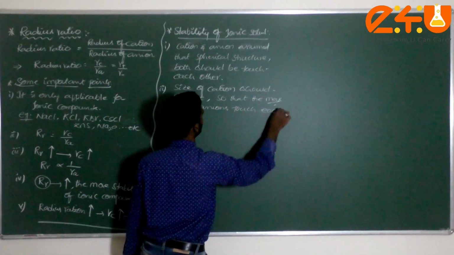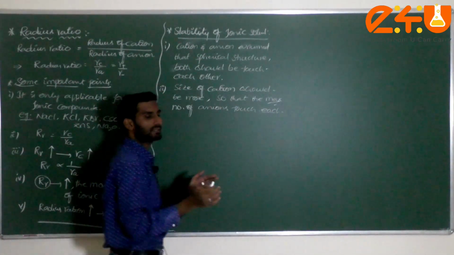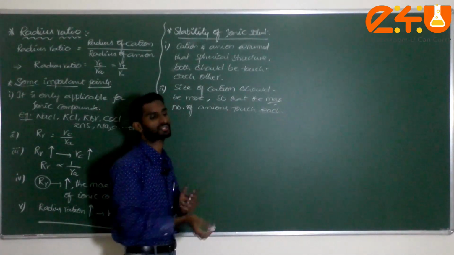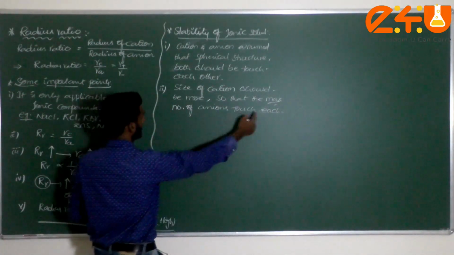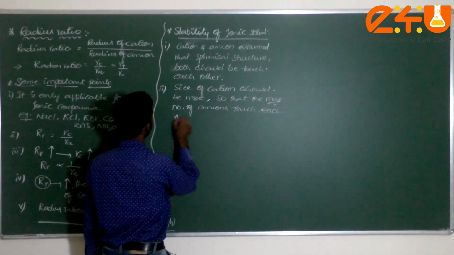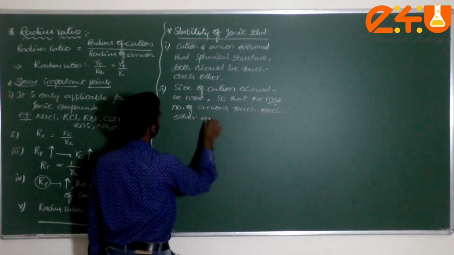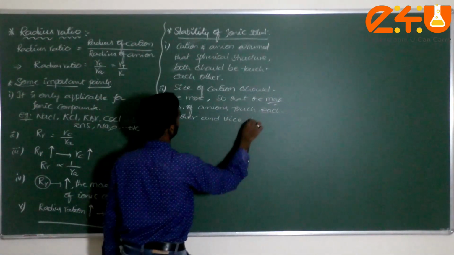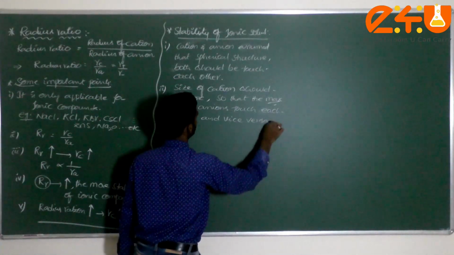That means the bigger the size of the cation, that many more anions will come and touch each other, and vice versa. What is, dear student? Vice versa.